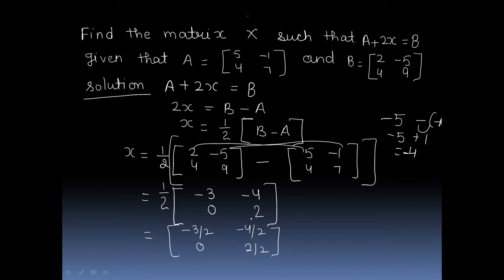After subtraction we multiply 1 by 2 with this matrix and we get minus 3 by 2, minus 4 by 2, and 0, 2 by 2.